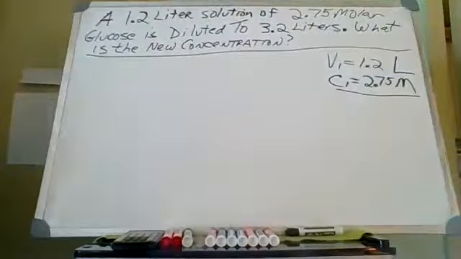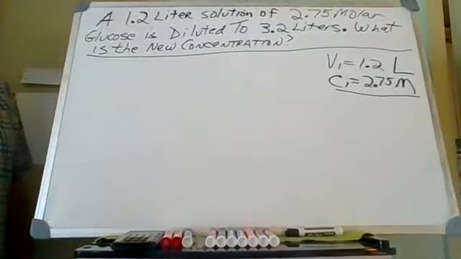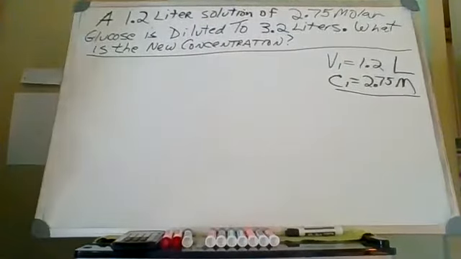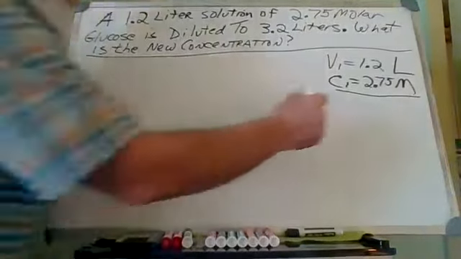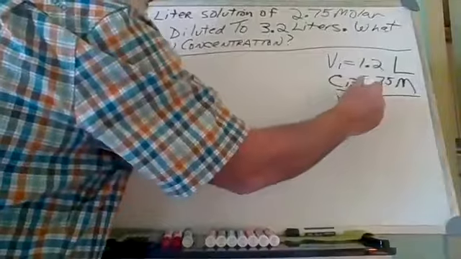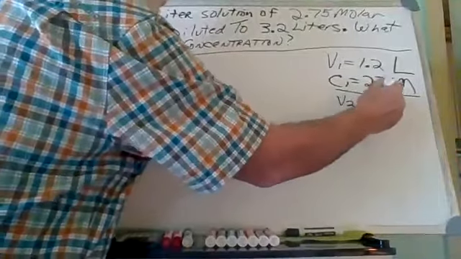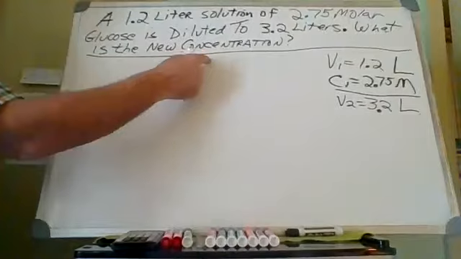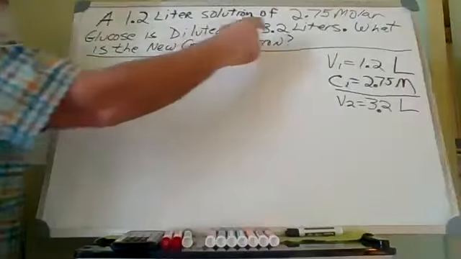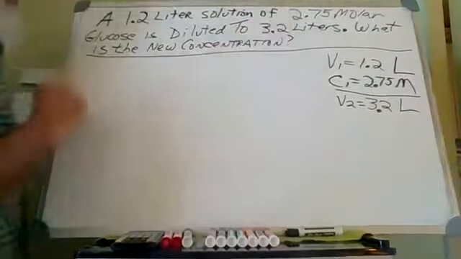I'm going to draw a line to separate the first set of conditions and the second set. Of 2.75 molar glucose is diluted to 3.2 liters. There's my second volume. So V2 equals 3.2 liters. And we're asked, what is the new concentration of this 3.2 liter volume?